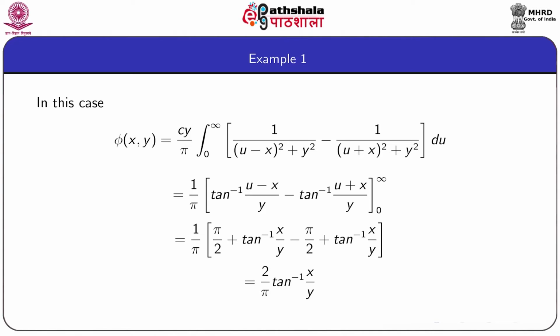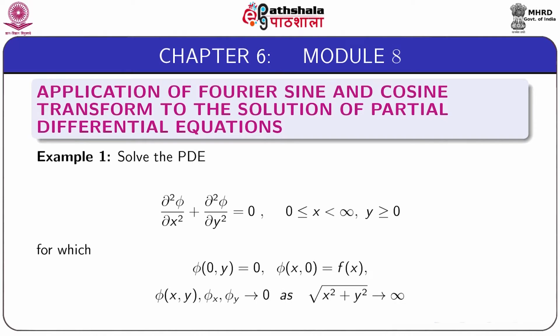After performing simplification, we obtain the solution phi xy as 2 by pi tan inverse x by y. This is the solution when, in the boundary condition at y equal to 0, this fx is a constant.